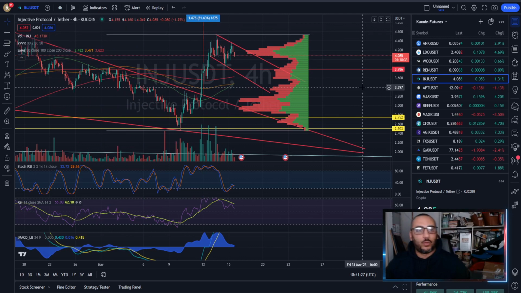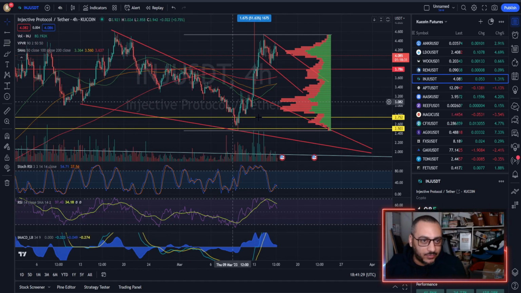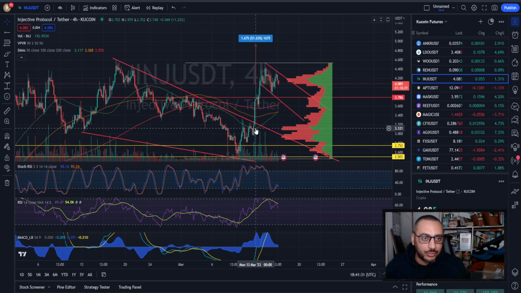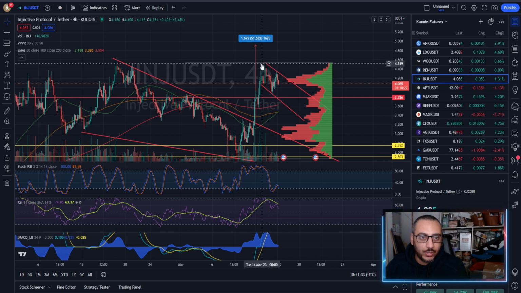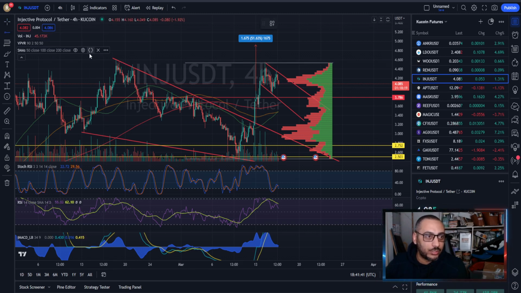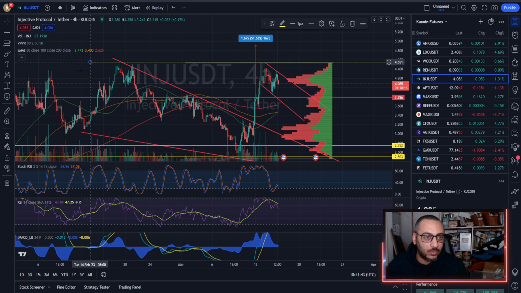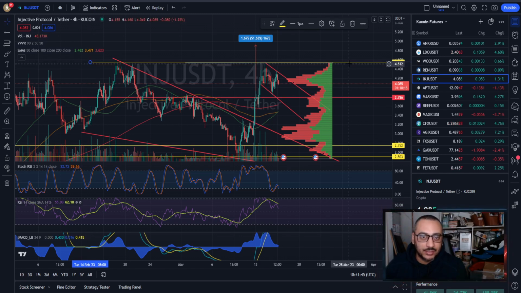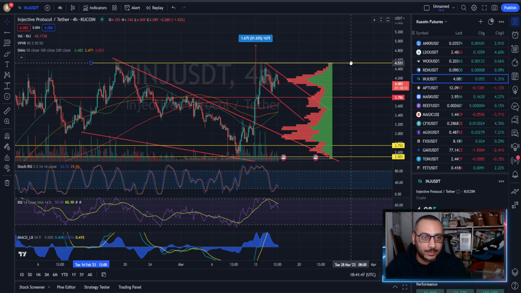So on Injective, what I am seeing, we did break out of this falling wedge pattern. You do have a measured move, 51% upside. We got close. We just hit this level of resistance, and it looks like the selling pressure was there, ready and waiting. So that is going to be an area of concern for us right here, because that is our local high.